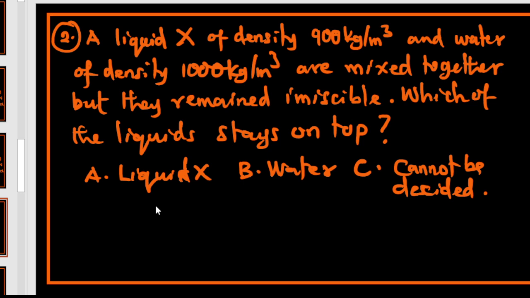I don't want to say completely correct because density is not only dependent on mass, it can only be proportional to mass provided the volume is constant, if you fix the volume of the substances. So you're correct. The answer is liquid X.